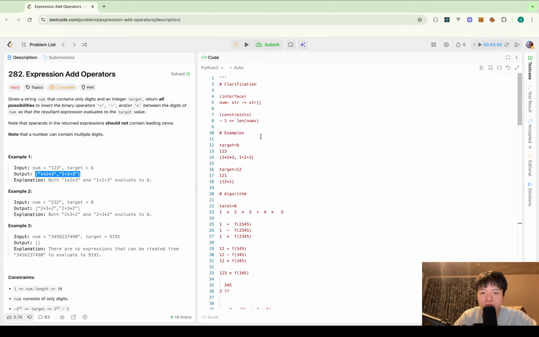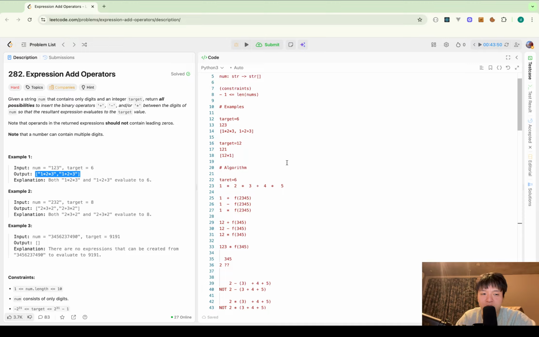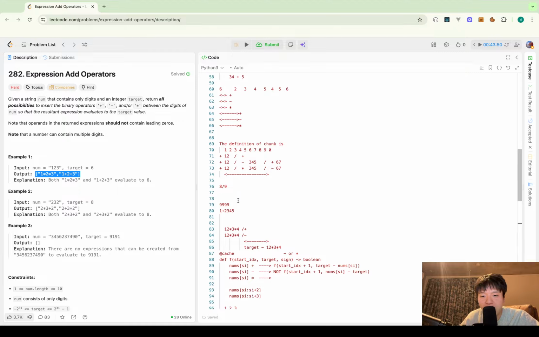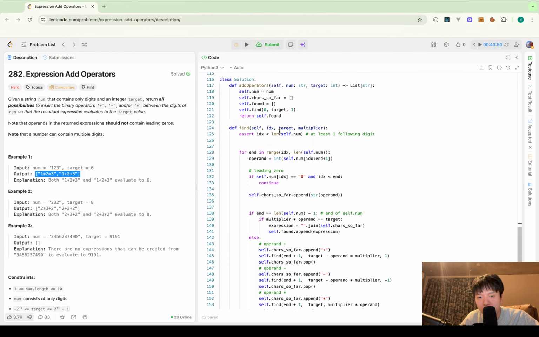Just recursion is definitely accepted, because in the end I have to create each string, so I have to go through each choice path.